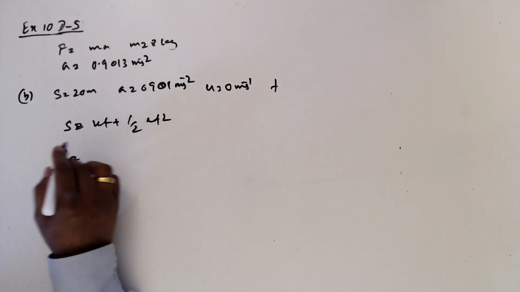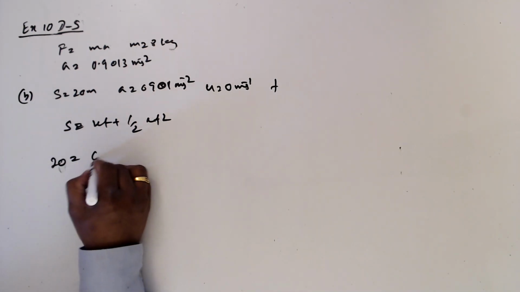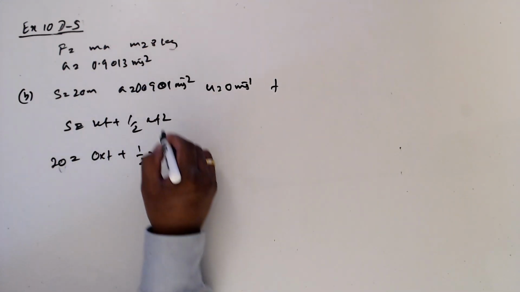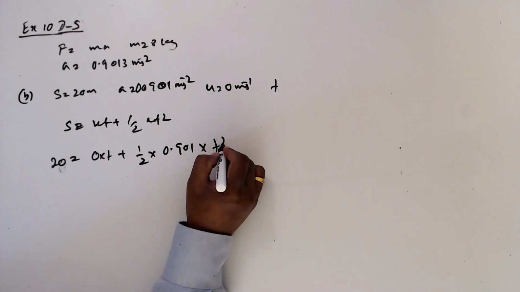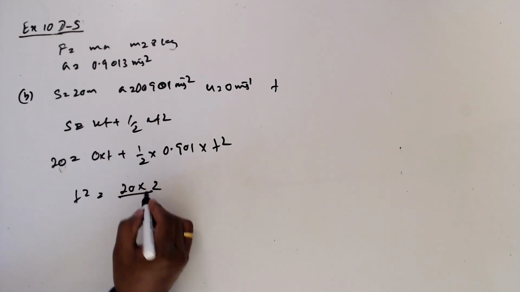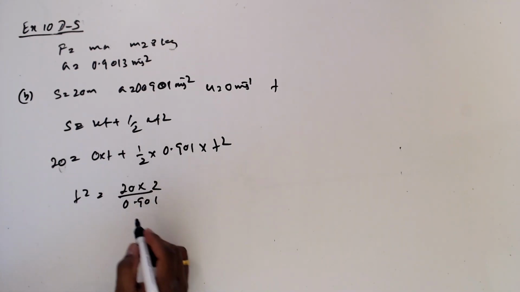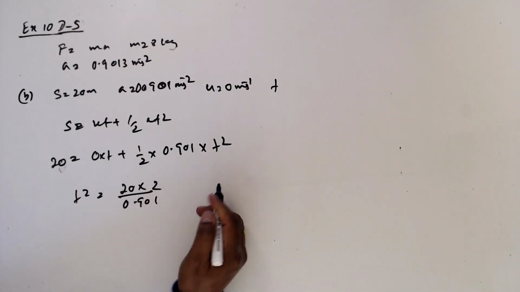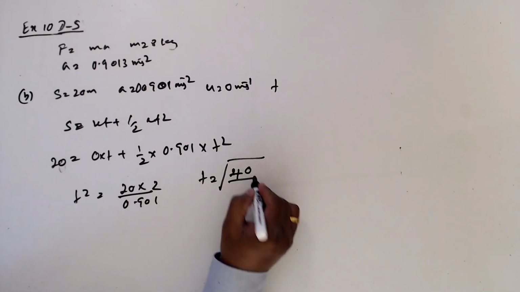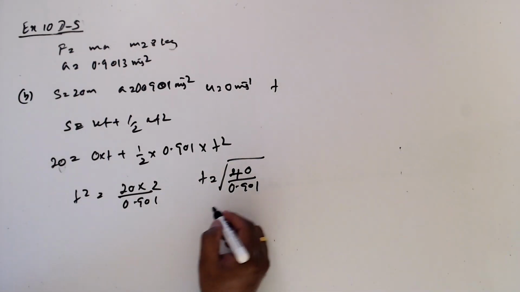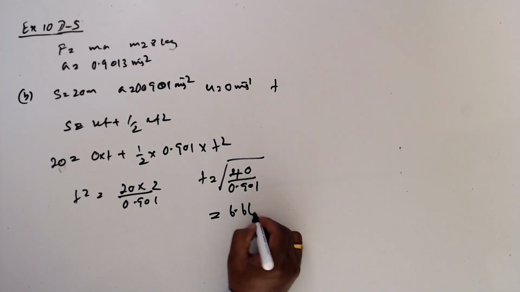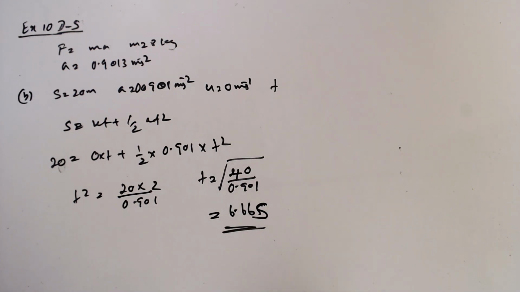So s equals 20 meters, 0 times t plus half times 0.901 times t squared. t squared equals 20 times 2 divided by 0.901. So t is the square root of 40 over 0.901. So you will get 6.66 seconds approximately.